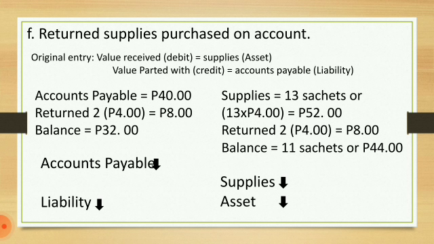It is also decreased. Just to check, when you decrease the asset, where are you going to record the amount? Is it in the debit or in the credit? Okay, so I hope you are right. It is recorded in the credit side.